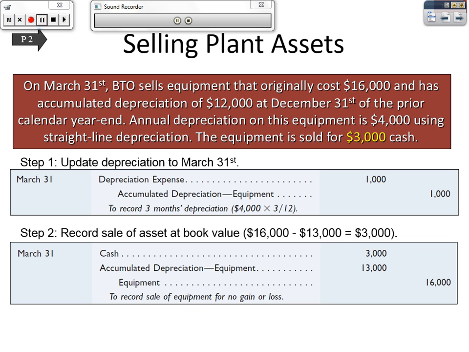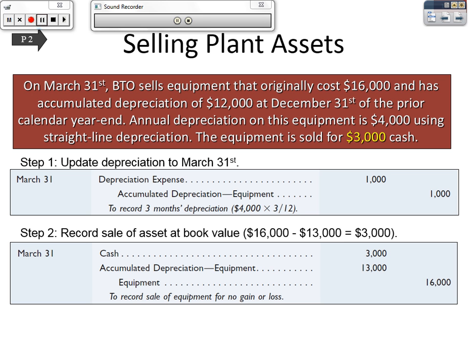What month? They didn't sell it on December 31st. March 31st. So how many months have passed? 3 months. 4,000 times 3 over 12 gives them a partial depreciation of how much? 1,000. That's what y'all see up there.